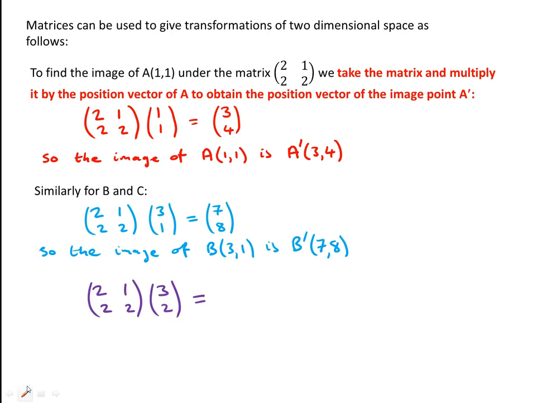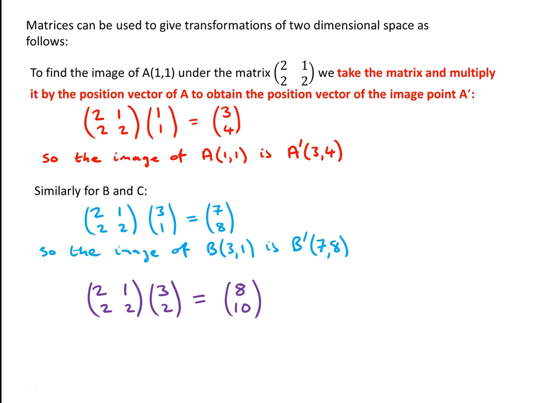And for C, we need to take the matrix 2, 1, 2, 2 and multiply it by the position vector of C, which was the point 3, 2. So we've got 2 times 3 is 6, plus 1 times 2 is 8, and 2 times 3 plus 2 times 2 is 10.